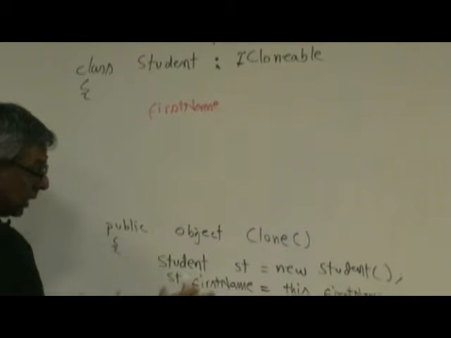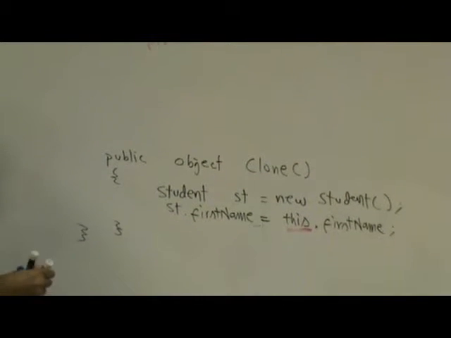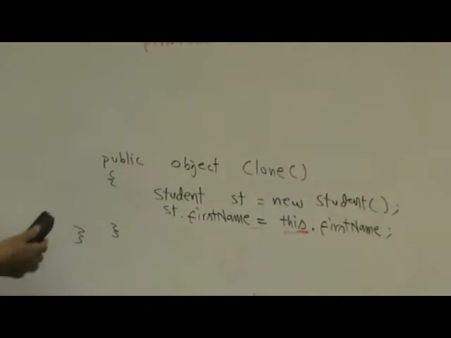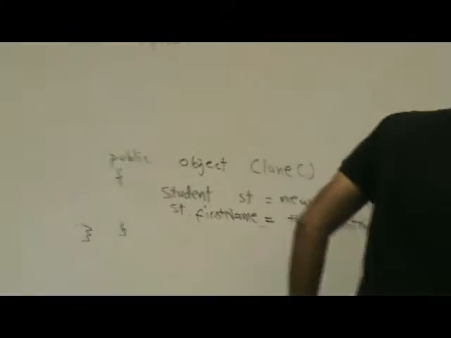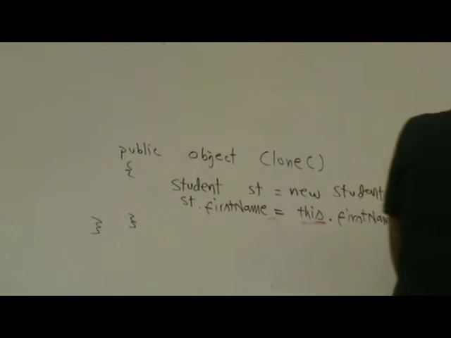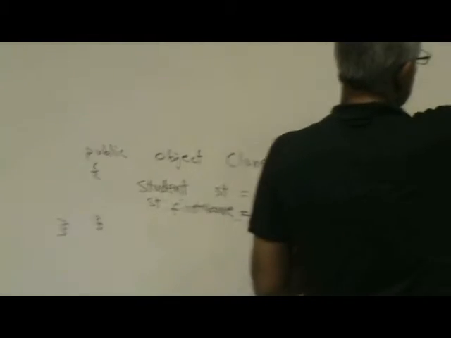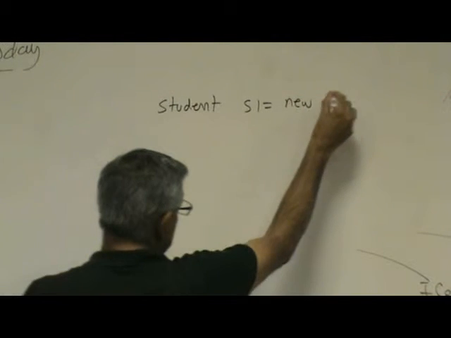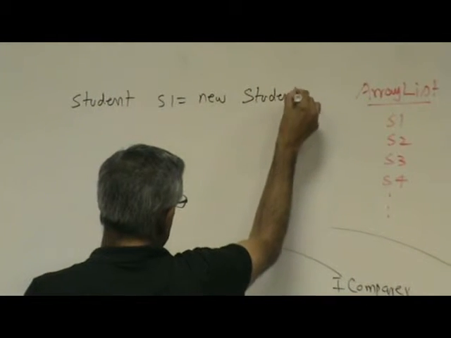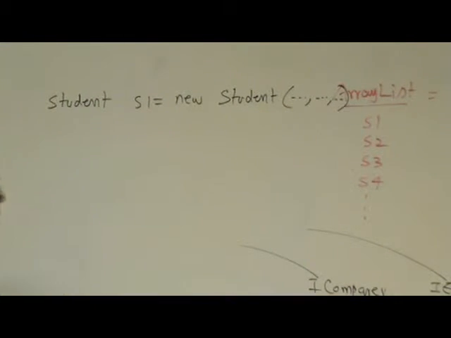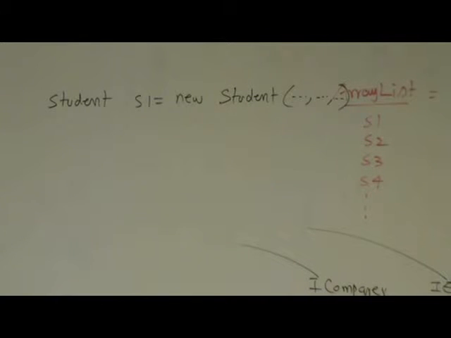Okay, so now to understand how this code is being written, let's take a look at typically how this code will be triggered. Somebody will say Student s1 = new Student, and regardless, in the constructor or sometimes later, they will provide whatever initialization they need to do, right?